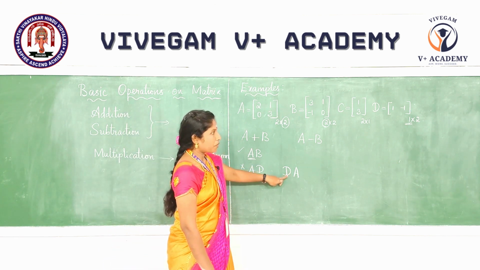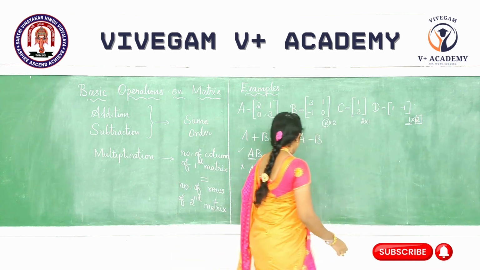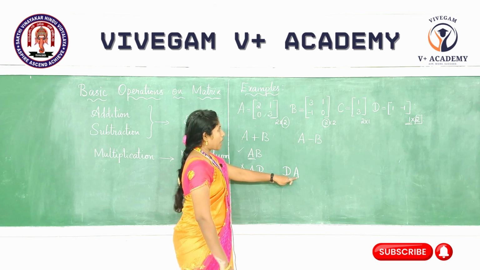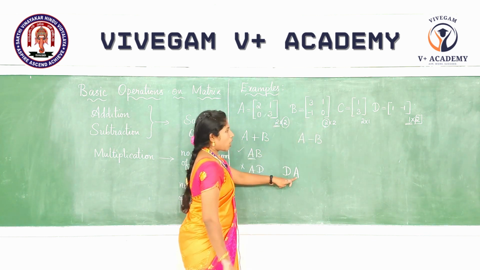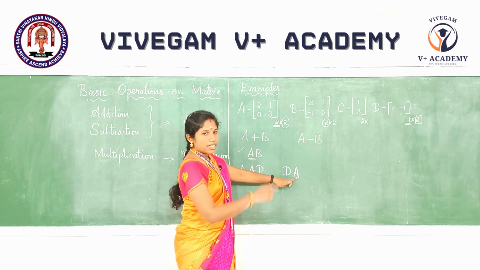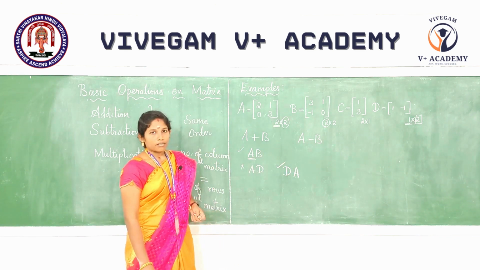So for D, you have to check that the number of columns should be equal to the number of rows of the second matrix A. Here the row is 2 and the column is also 2. So the condition is satisfied. So we can find the product of DA.